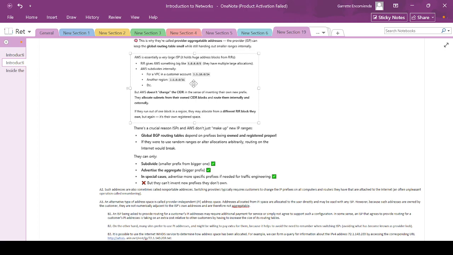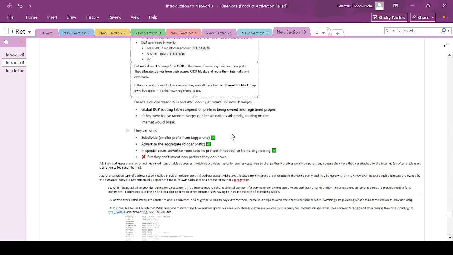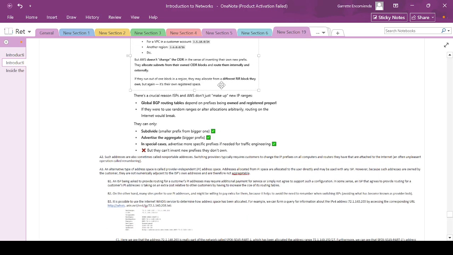For a VPC in a customer account, 3.5.10.0/24. Another region, 3.6.0.0/16, etc. But AWS doesn't change the CIDR in the sense of inventing their own new prefix.